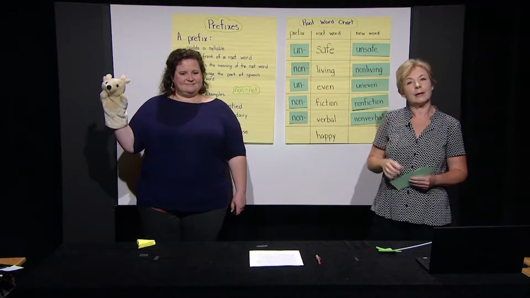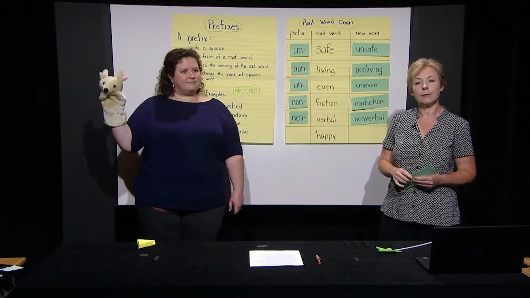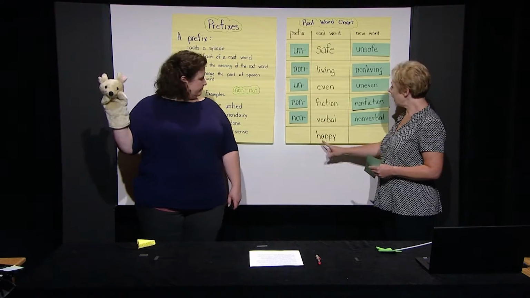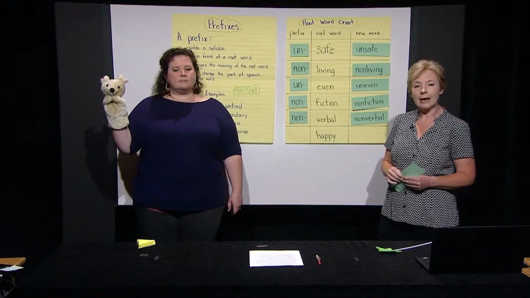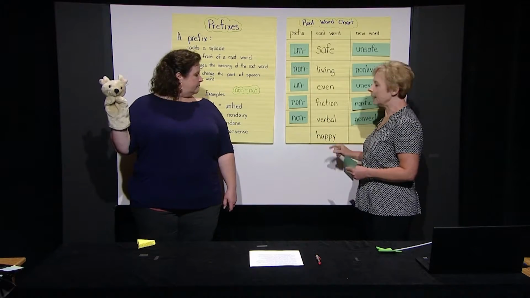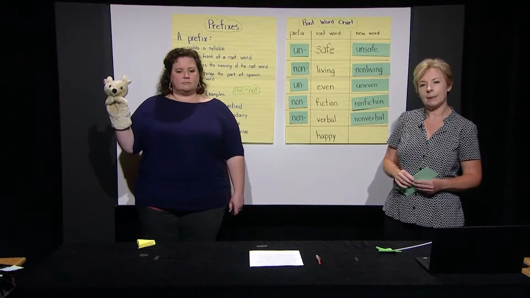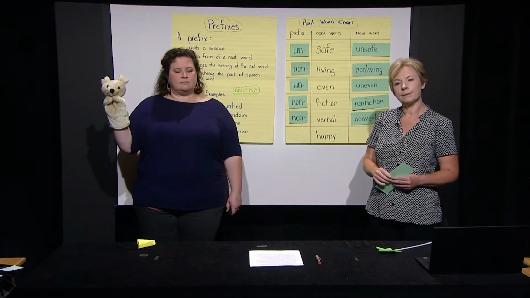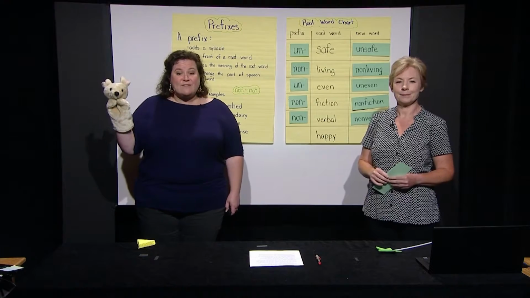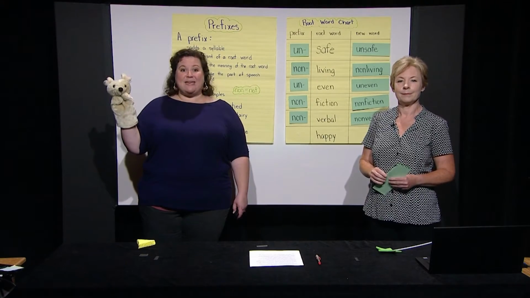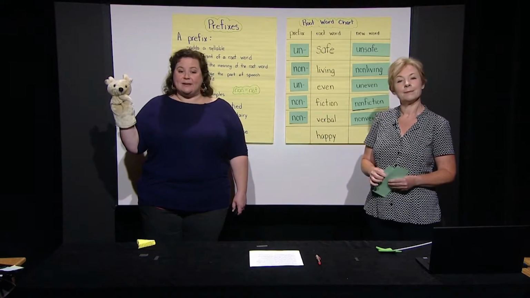I want you to do the last one all by yourself. The root word is happy. What prefix could we add to the root word happy to mean not happy? Well, boys and girls, what prefix did you add to happy to make it mean not happy?